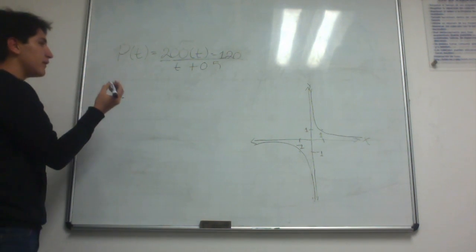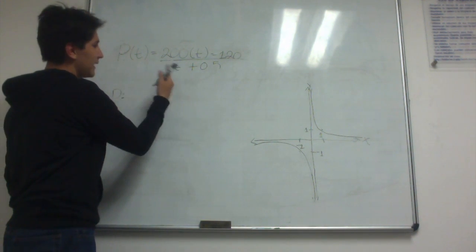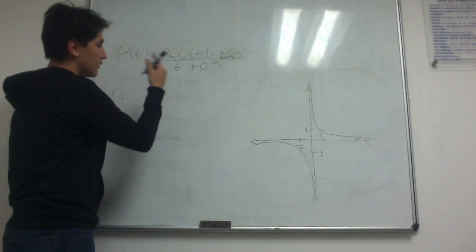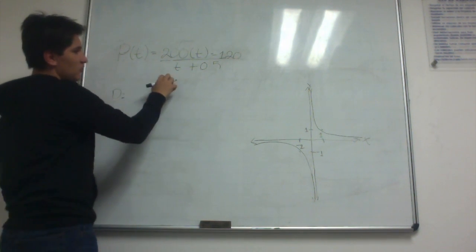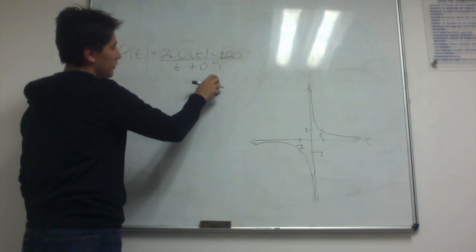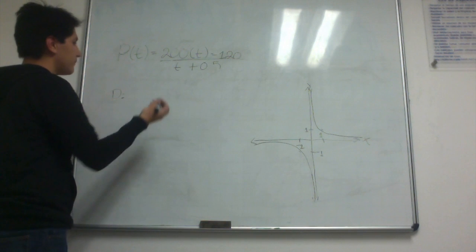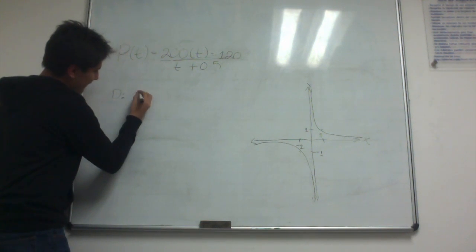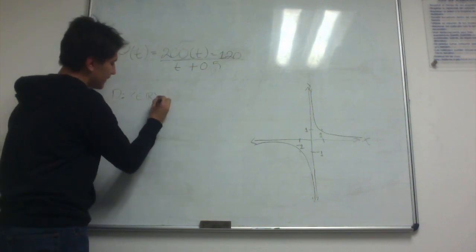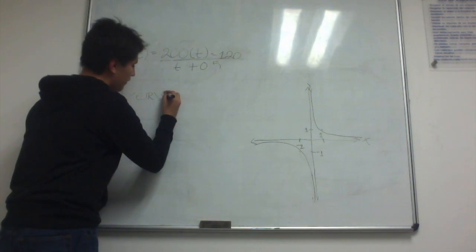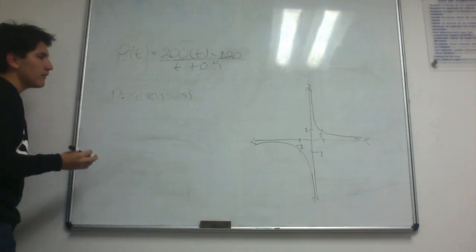So here the number that makes our equation indefinite is minus 0.5, because minus 0.5 plus 0.5 is 0. This means that it's indefinite. So we can say that x belongs to every real number except minus 0.5.